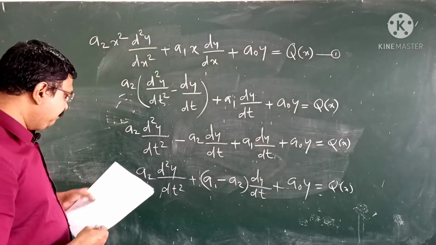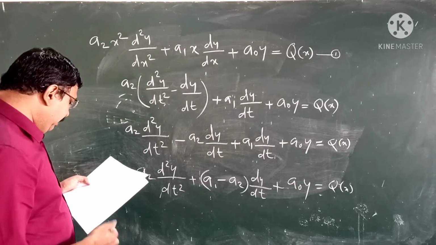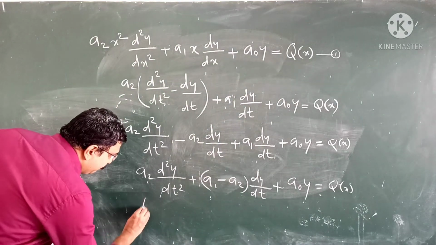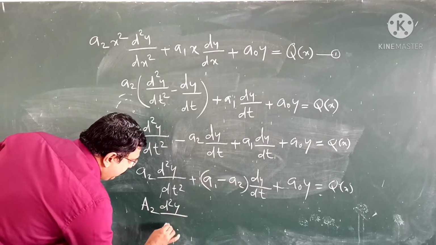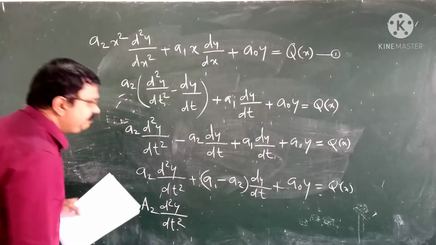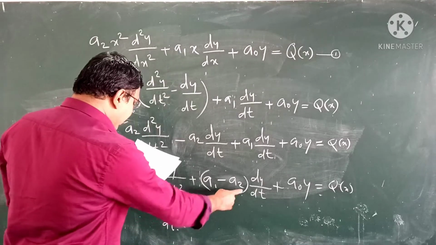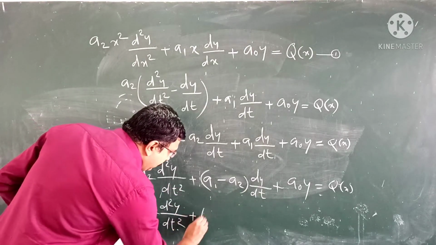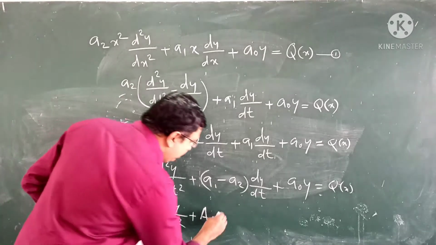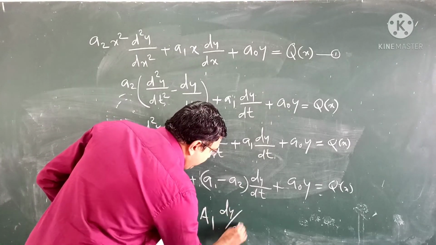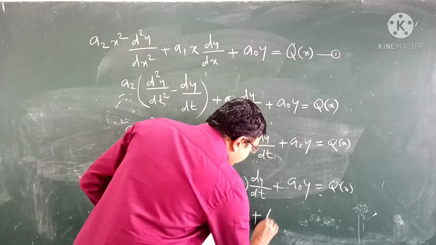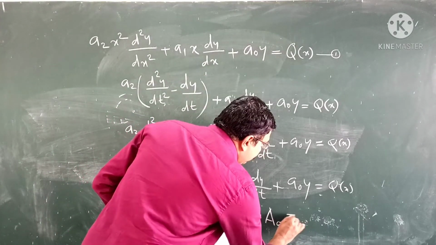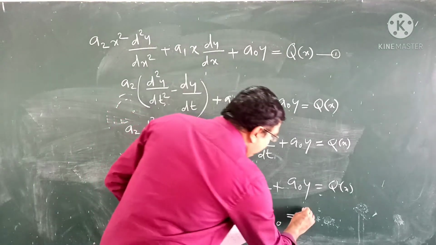Then a2 can be replaced by capital A2 into d square y by dt square, a1 minus a2 can be replaced by capital A1 into dy by dt, and a0 can be replaced by capital A0, equal to R of t.